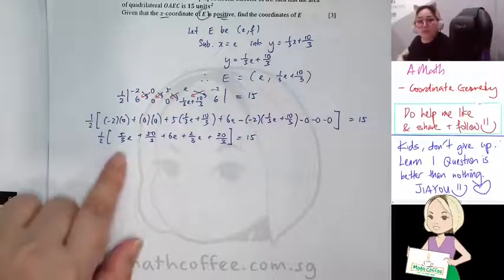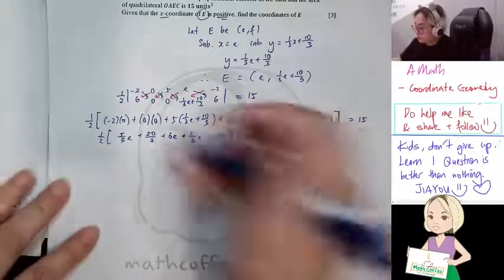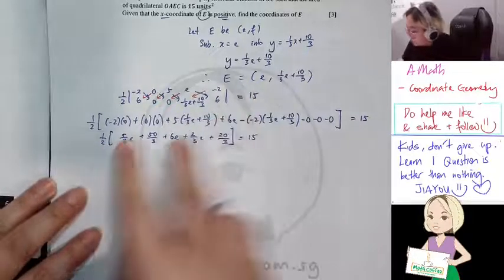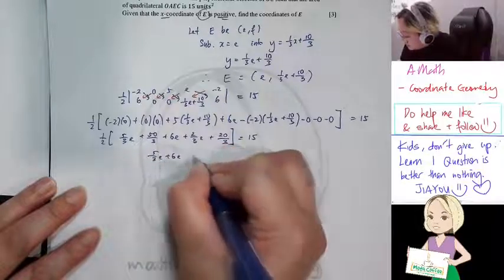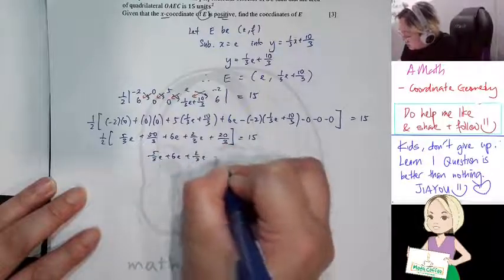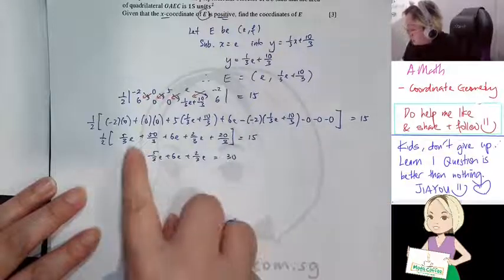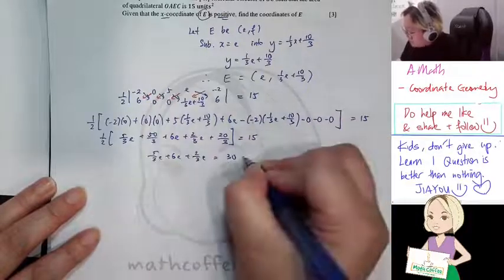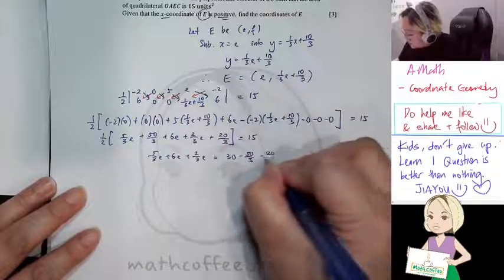Since this one is half, I can times 2 on both sides. So it becomes 5 over 3 E plus 6E plus 2/3 E equals 30, and I bring all these numbers over, so minus 50 over 3 minus 20 over 3.